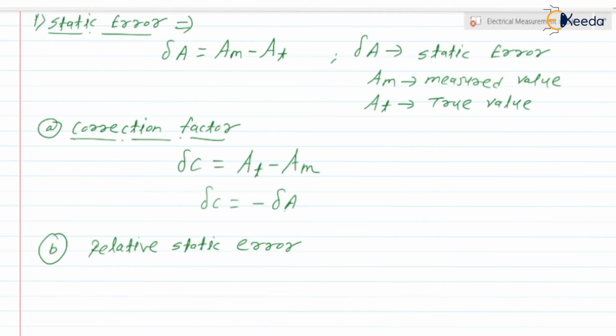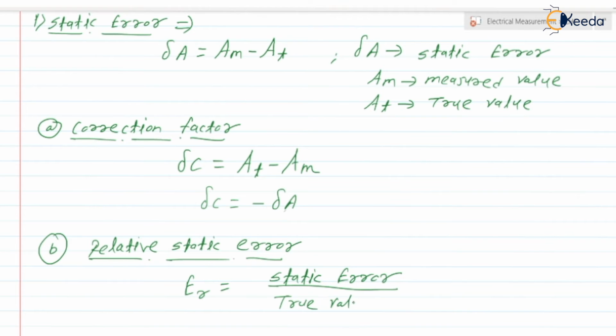Let us write it as ER, or we can say E also, is equal to static error divided by true value. This will be in fraction.